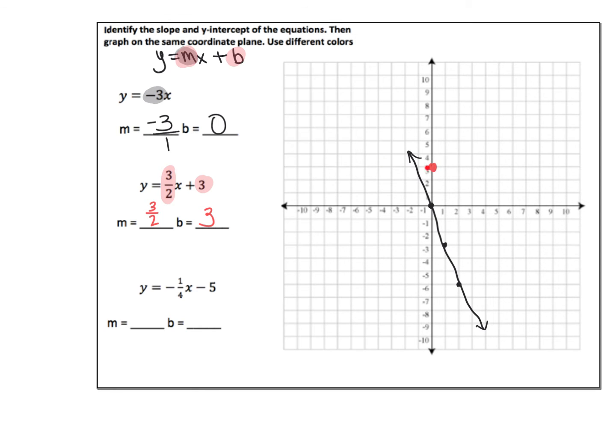So from my b right here, I'm going to go up 3, 1, 2, 3, right 2, 1, 2. Up 3 over 2. And now I'm going to do that again. I'm going to count up 3, 1, 2, 3, and go right 2. All right, there's my second line.